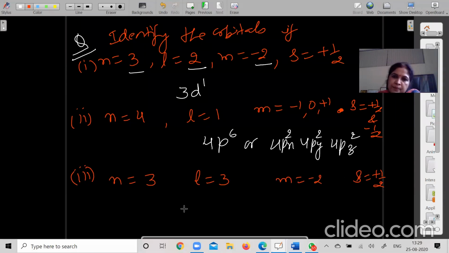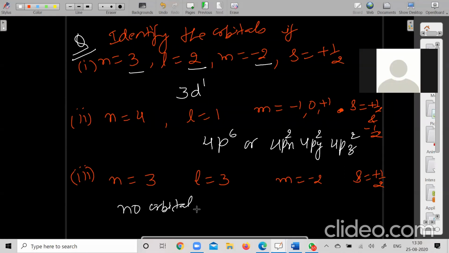Identify the orbital. Tell me the answer, anybody. If N is 3, L is 3, 3f1 does not exist. No orbital is possible, so the orbital does not exist.